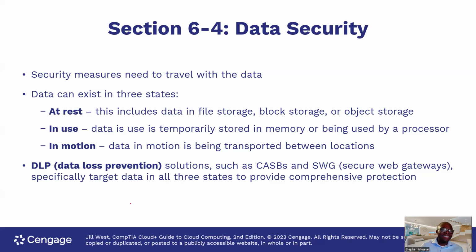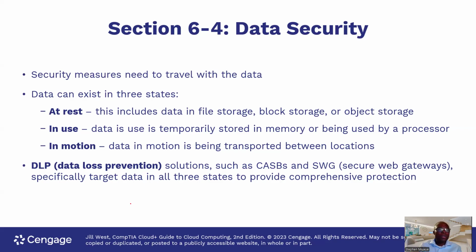And then there is data in use. This is data that is being temporarily stored in memory, secondary storage, or being used by a processor. So that is data that is being used. And of course, there is data in motion, data that is being transported between different locations.